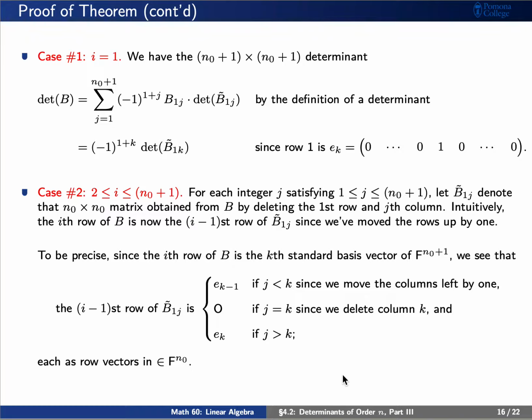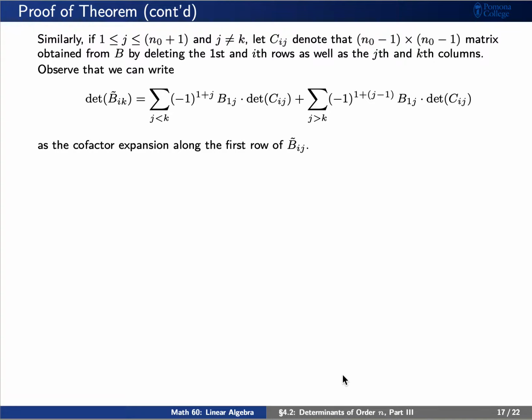Well, if we delete column j, now we're just deleting a 0 that's to the right of 1, and we're really not changing that standard basis vector. It's still e sub k. So this gives us a way to determine what is row i-1 of our matrix B_1j tilde.